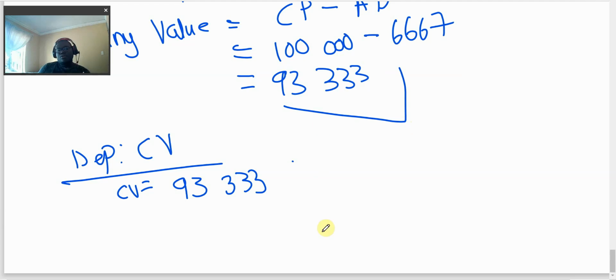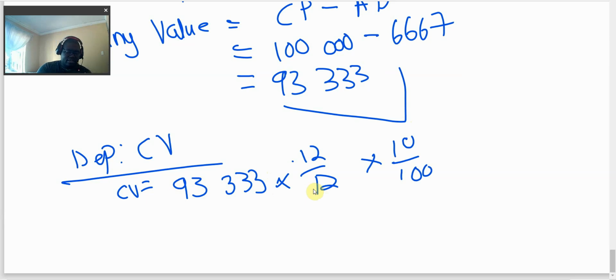We're going to multiply it by 12 over 12, because remember there was no vehicle that was bought, there was no vehicle that was sold. So the vehicle that we had was with us for the entire 12 months, and then we're going to also multiply by 10 over 100 because the rate is 10%. So 93,333 multiply by 12 over 12 multiply by 10 over 100.